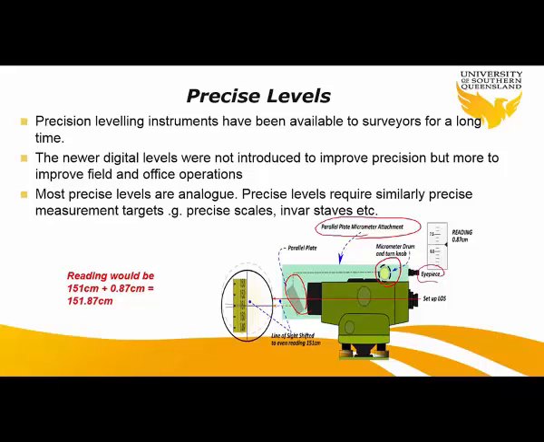And then you need to have the precise level and precise rods and scales. The rod we use for this type of level is different from the normal level rod in surveying. The graduation on the rod is different, so you can read up to millimeter accuracy, which is very precise, or even better, sometimes to micrometer.